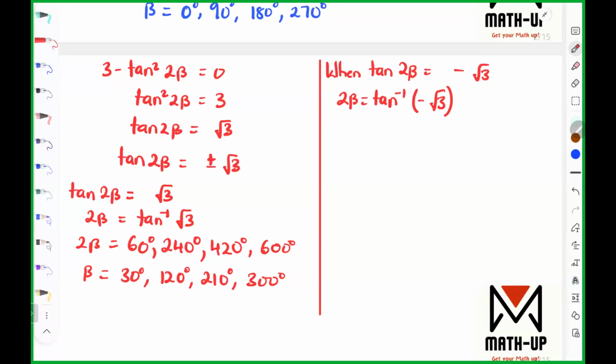Our ratio is negative, which means that we are going to look for quadrants where tan is negative. And those quadrants are the second and fourth quadrant.